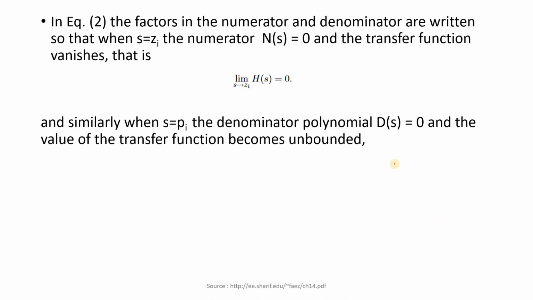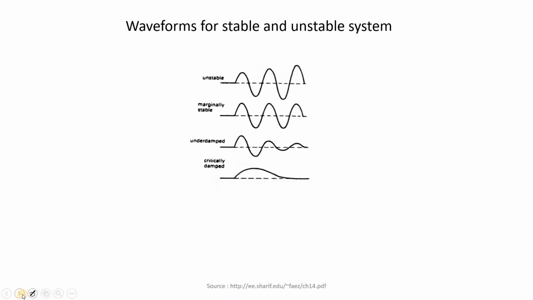That is, if s tends to zi, your transfer function becomes 0. And similarly, if s is equal to the poles pi, the denominator D(s) is equal to 0, then it becomes infinity. That means your system becomes unstable, unbounded.